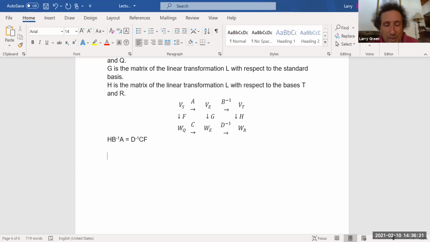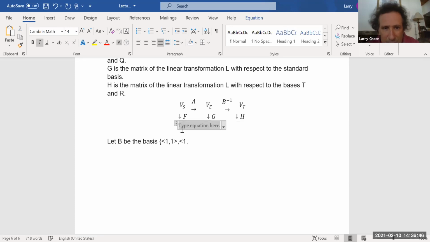So let's use this. Do an example. Let B be the basis (1, 1), (1, -1). Oops.